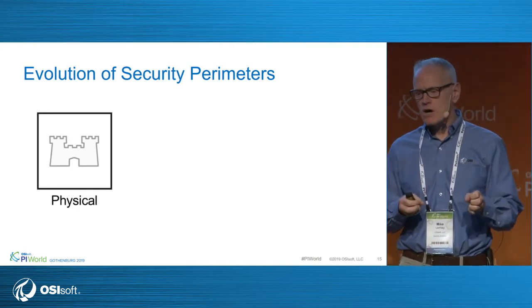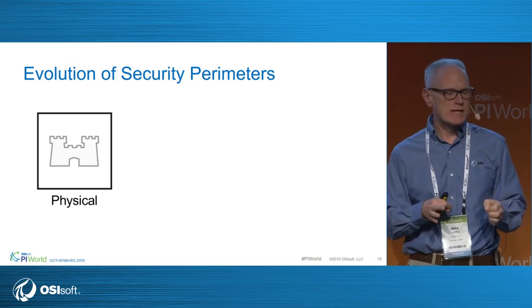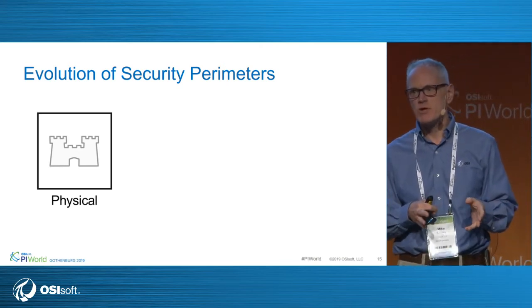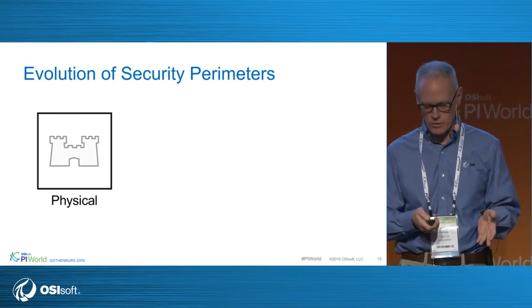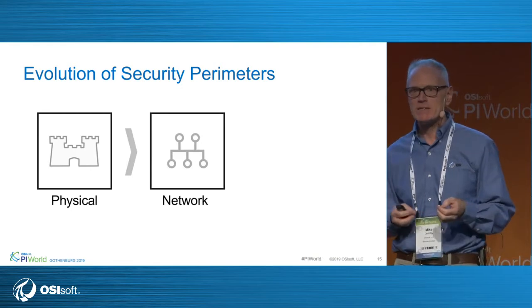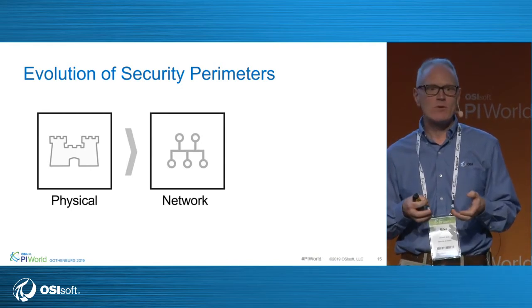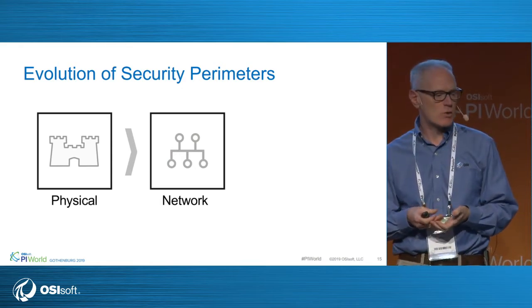Now, I wanted to talk a little bit about the evolution of security in general to cyber assets. Several decades ago, if you had a computer, you most likely had it in a locked room with security guards, and that was all we could do for you. Then as we added networking capabilities to our computers, the next level of protection became firewalls and then VPN access into those networks.